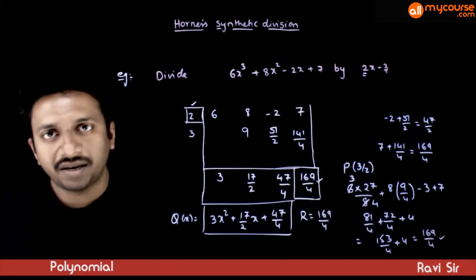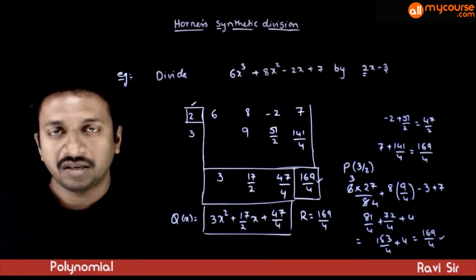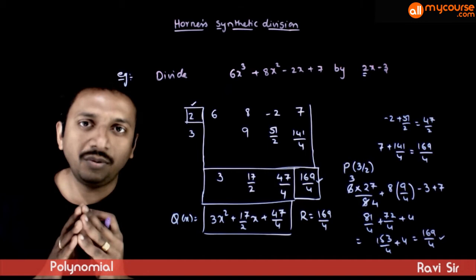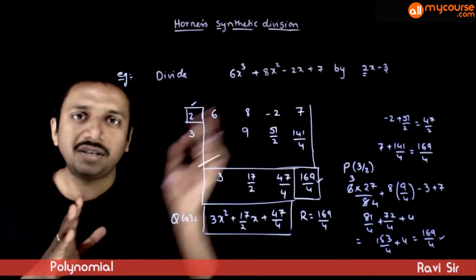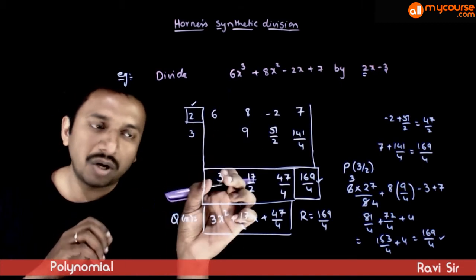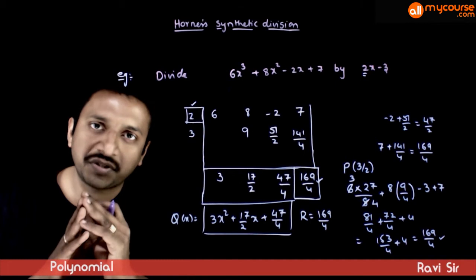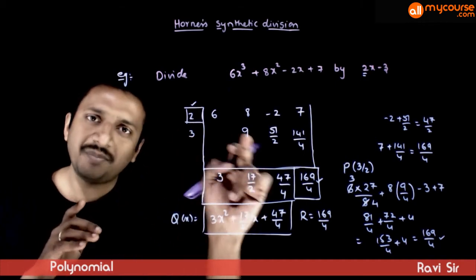So you're getting the same remainder. And this is the quotient. So I hope you understand how to do the division if the leading coefficient is not 1. So at each stage, whatever is the answer that you are getting, you have to divide it by the leading coefficient and then follow the same process.